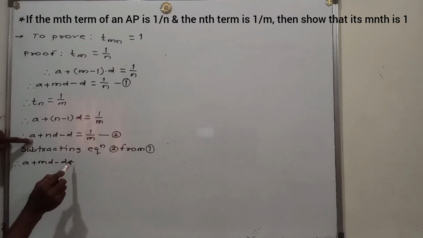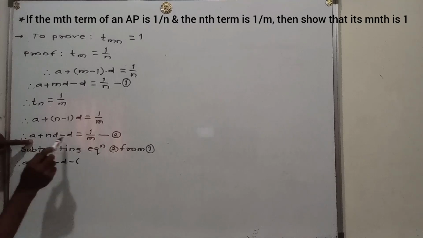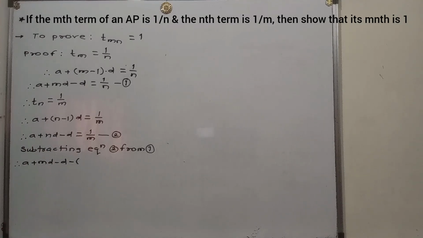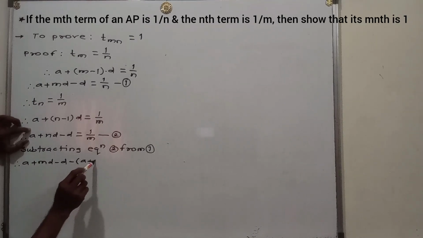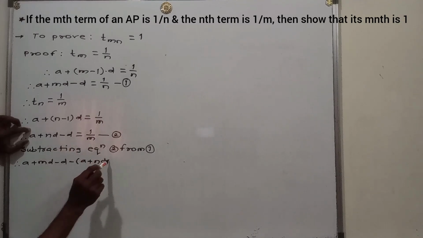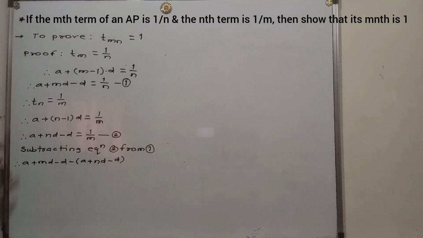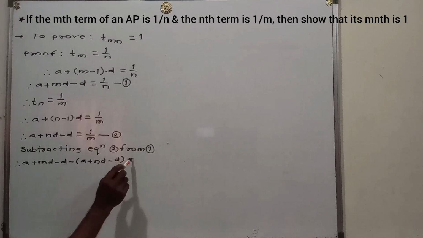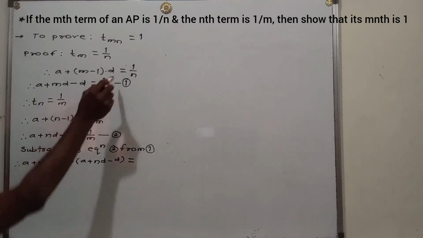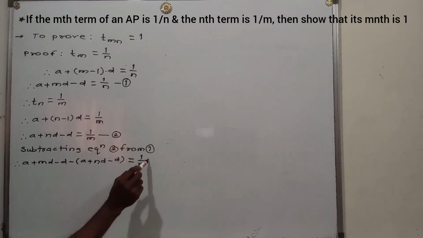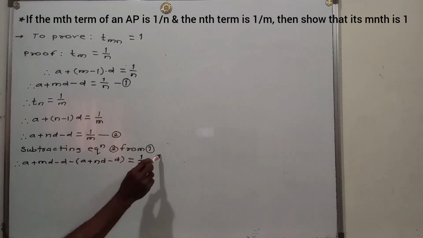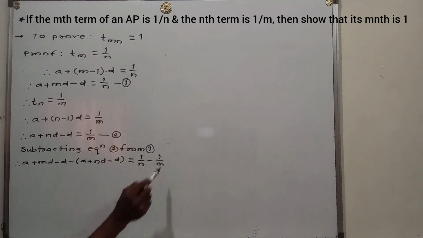Subtracting, so minus. Here there is more than one term, so put a bracket: (a plus nd minus d). Did you get it? Is equal to the right side of equation number 1 minus the right side of the second equation. Did you get it?